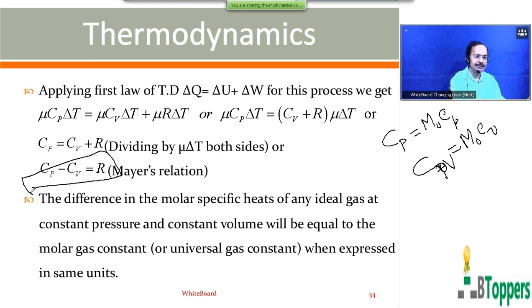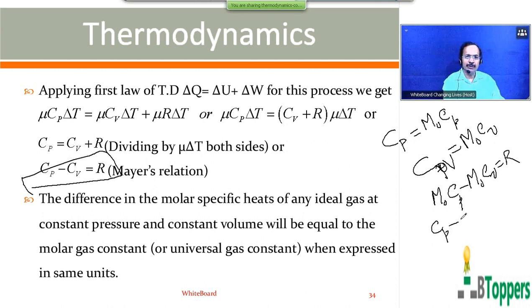So if you substitute these in Mayer's relation, molar mass into ordinary specific heat at constant pressure minus molar mass into ordinary specific heat at constant volume is equal to the molar gas constant. If you divide the equation by molar mass M naught, the difference in the ordinary specific heat of the gas at constant pressure and ordinary specific heat of the gas at constant volume equals R by M naught.